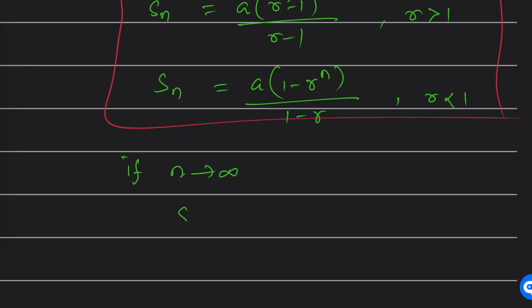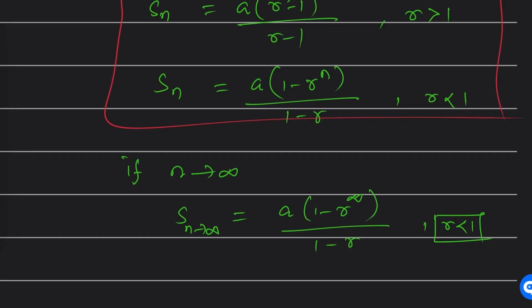So can we write like this, S for n tends to infinity, then a is fine, 1 minus r power what, sir? Infinity, divided by 1 minus r. Sorry, r is not infinity, my mistake. So r power infinity, and if r is very less than 1, if r is less than 1, can we say this term is going to be what, sir? 0, sir.